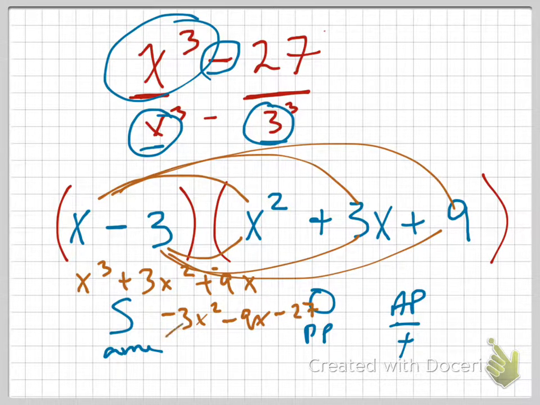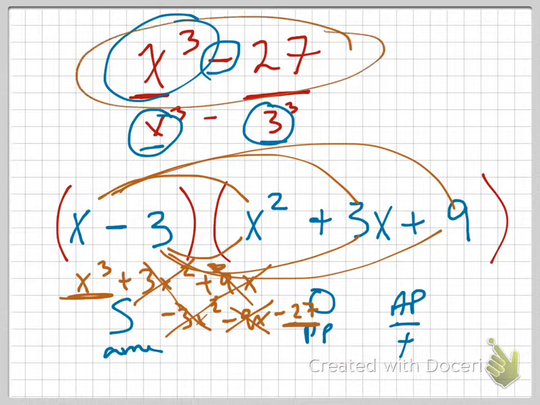And you'll notice that these will cancel each other. Something else should have canceled each other. Did I do something wrong? Oh, this was a plus 9x right here, not a minus 9x. These cancel each other, and I'm left with x cubed minus 27, which is what I started with.